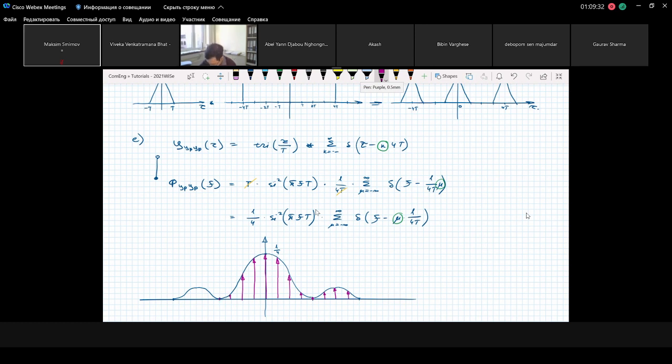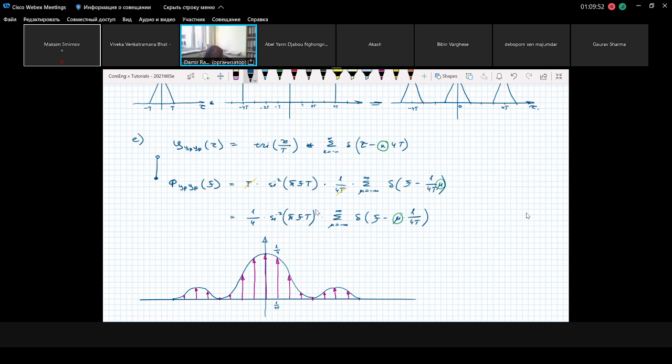We could show this envelope with a dashed line, because it just specifies the magnitude of each delta pulse in this infinite sequence. The spacing between delta pulses is 1/4T.